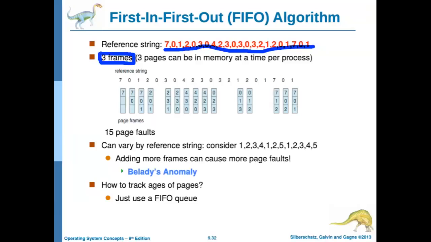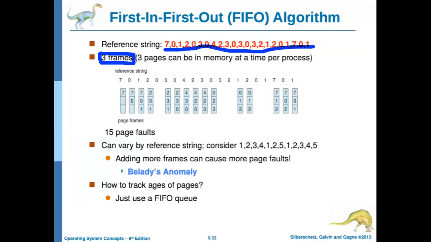That means a maximum of 3 frames in main memory will be available at a time for that process, right? So initially all these 3 frames will be empty, and this is as per pure demand paging. A page will not be loaded into memory until it is required. So we'll assume that initially all 3 frames are empty.